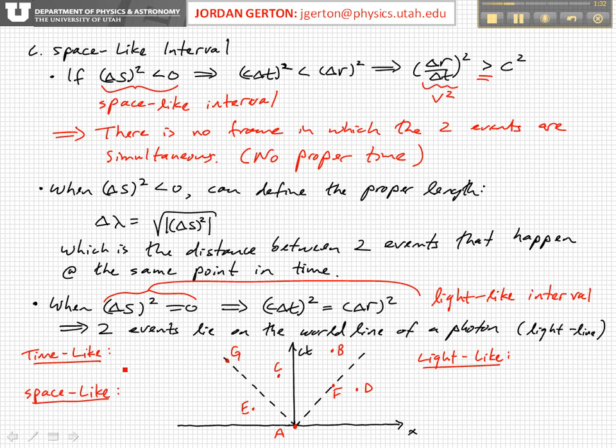So for example, AB is a time-like interval. AC is also a time-like interval. Now there are other time-like intervals.